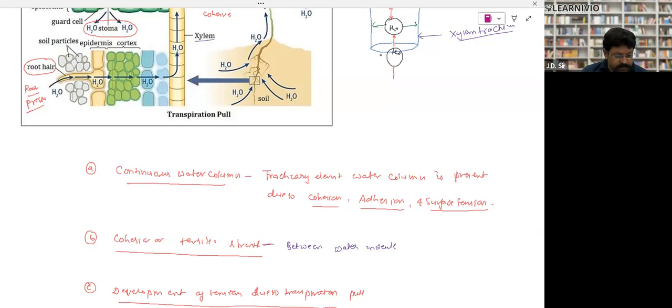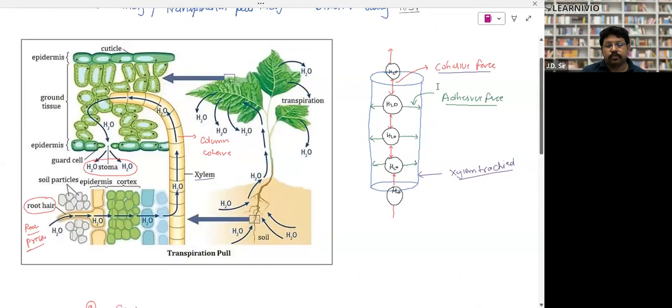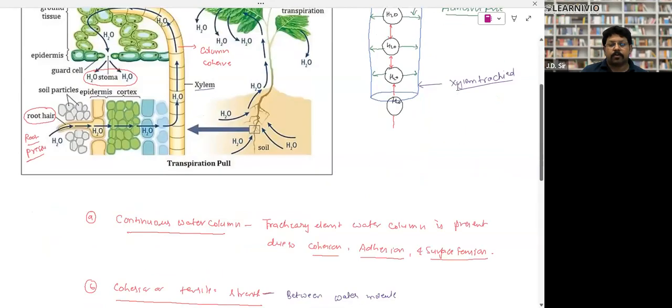The water column is maintained by cohesive and adhesive forces. Full stop.